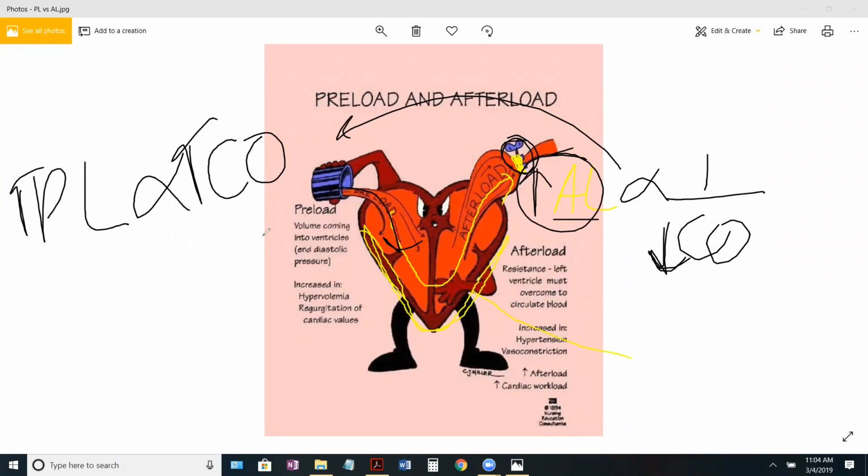Its contractility can be increased or decreased. Epinephrine and beta 1 stimulators can increase the contractility, and myocardial infarction, beta 1 antagonists and calcium channel antagonists can decrease the contractility of the heart. Similarly, the sympathetic nervous system can increase the contractility. So remember, contractility, afterload, and preload are never constant. At every moment, these things are changing.